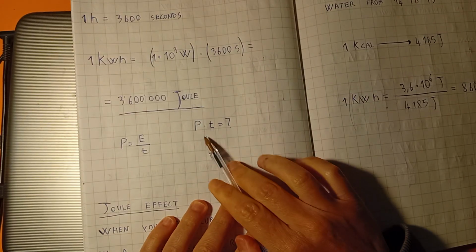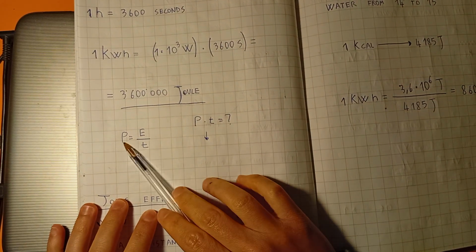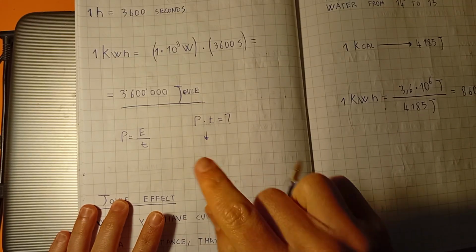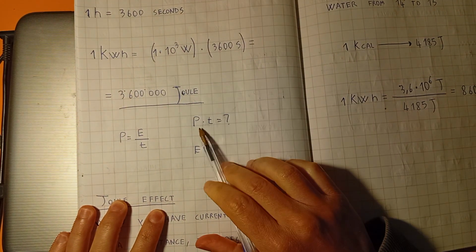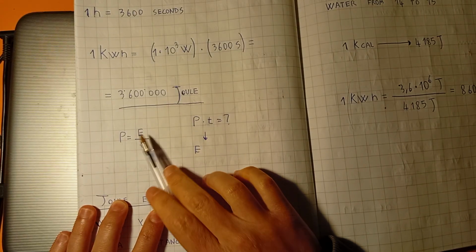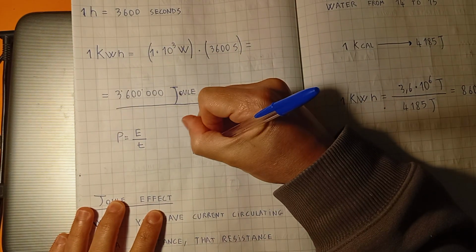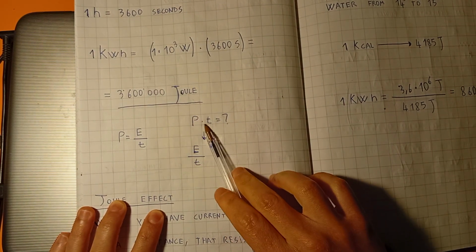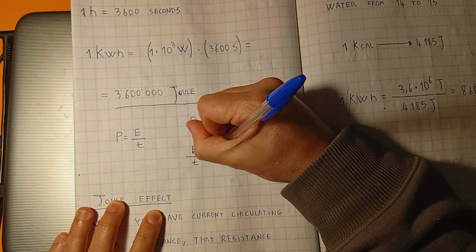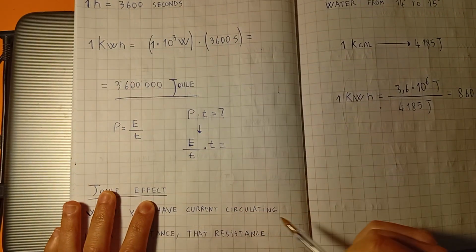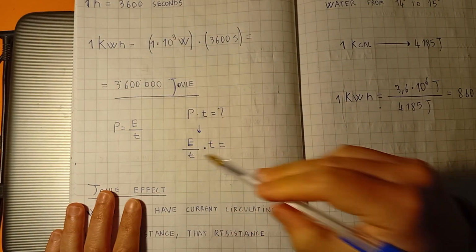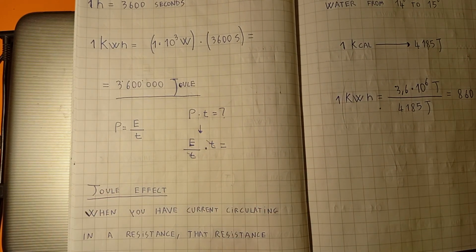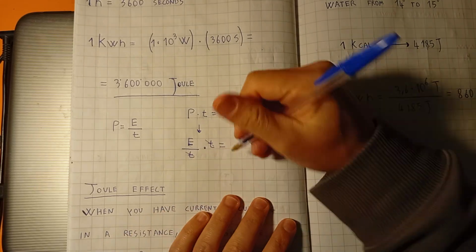Let's rewrite this equation in another way. If power is equal to energy divided by time, instead of power, I will write energy divided by time, because this is what power is. Then I multiply it by time. I have time here and time here, so I can simplify this and this, and what I obtain is energy.